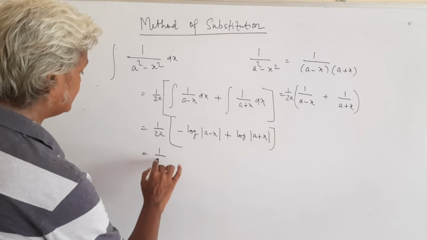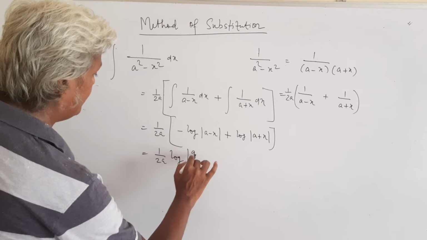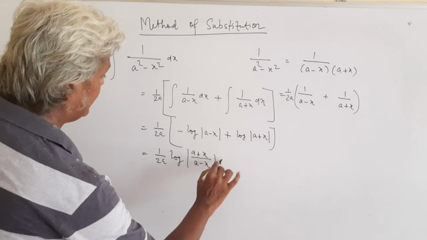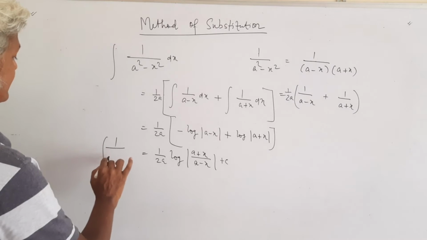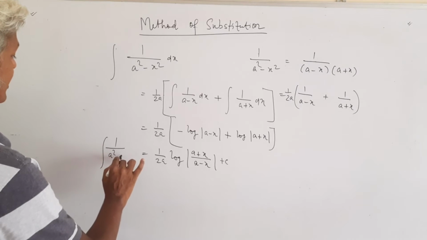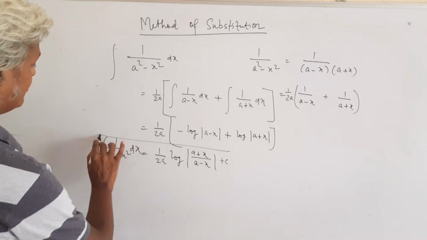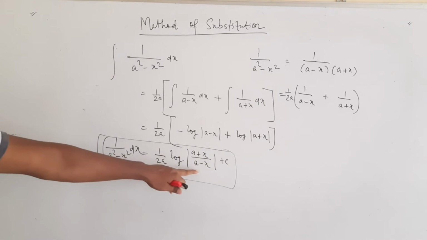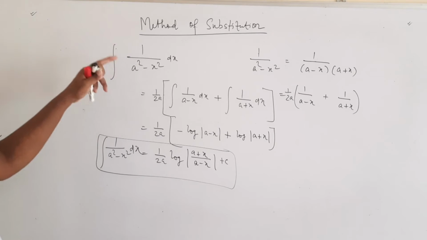So this is 1 by 2a log mod a plus x over a minus x plus c, and this is the formula. You can say the integration of 1 over a square minus x square dx is 1 over 2a log of a plus x over a minus x. So this is the integration of this particular form.